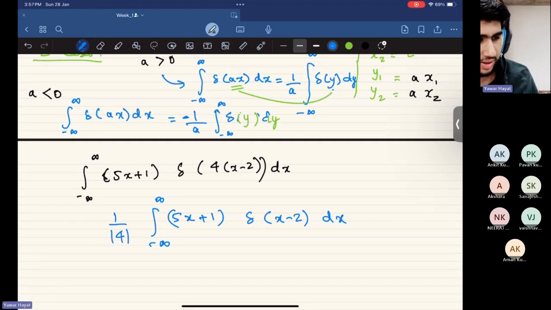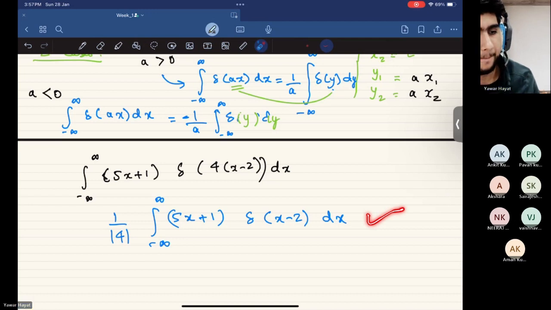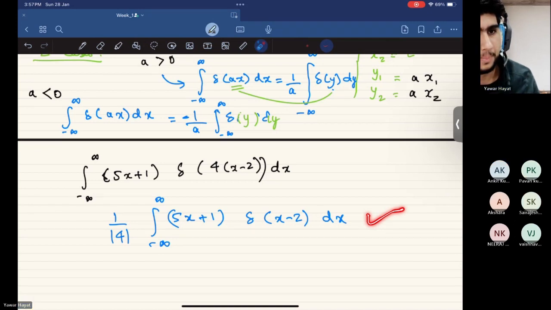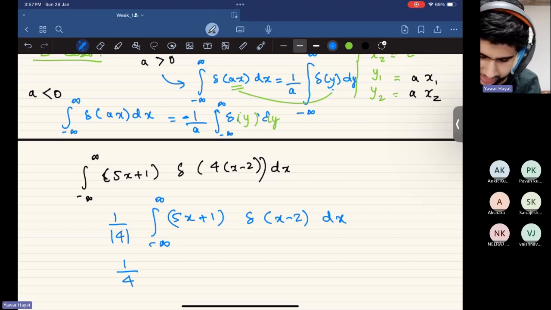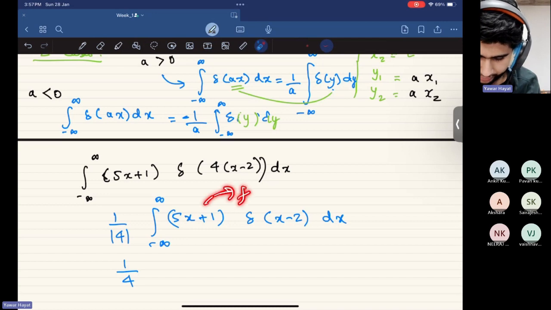Okay, we have two answers now of 11. Is this step clear? Yes, sir. Okay, so this is nothing but 1 over 4. We can treat this as the function f of x, right?